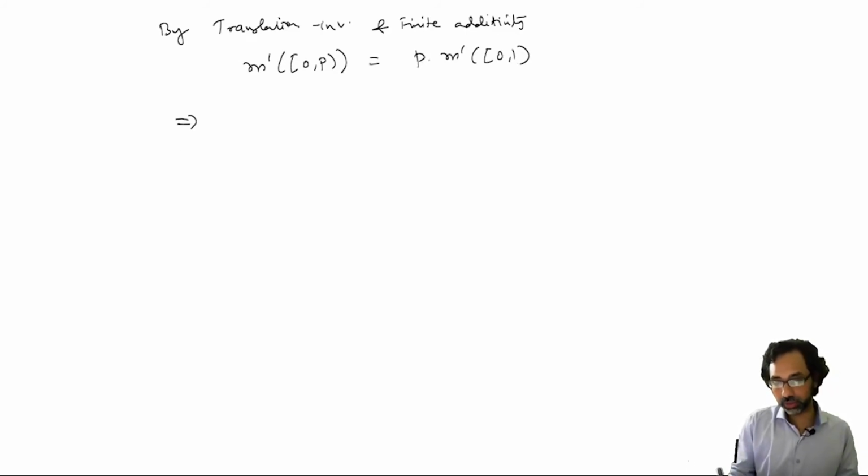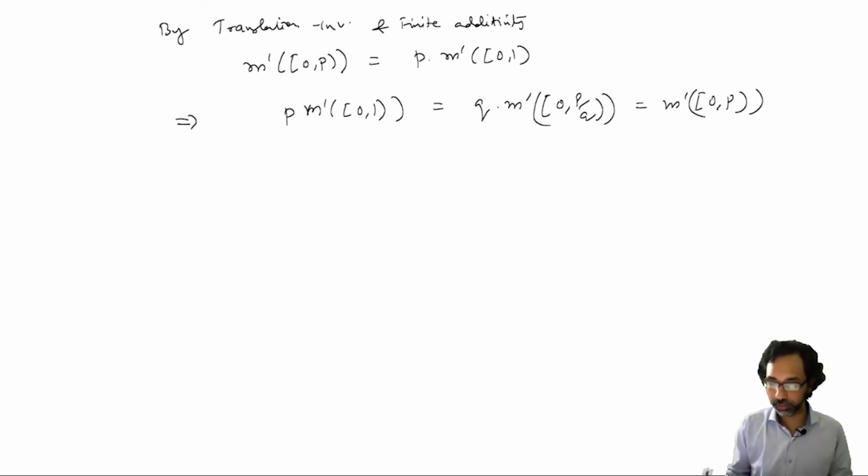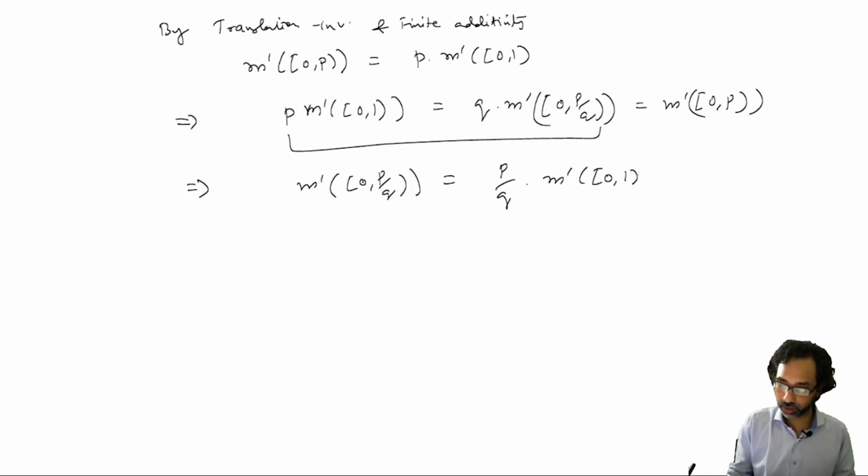So by these two decompositions, we will have m prime of 0 to 1 times p equals q times m prime of 0 to p by q, and these are both equal to m prime of 0 to p. Now I am only going to consider the first equality. This implies that m prime of 0 to p by q is equal to p by q times m prime of 0 to 1.